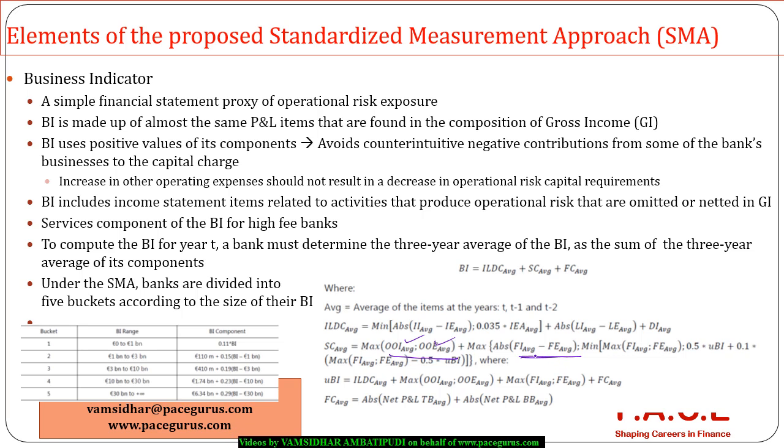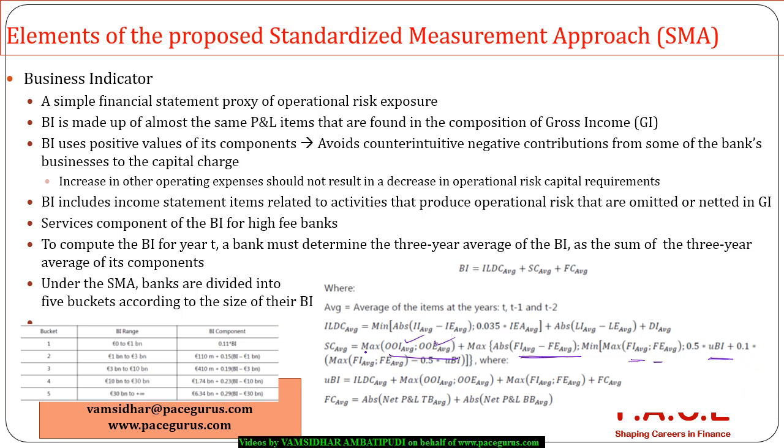I'm looking at the maximum of either the net fee, or if you see the other side, I'm looking at fee income and fee expense, and unadjusted business indicator is coming into picture. So 50% of the unadjusted business indicator for this high fees that is being charged.